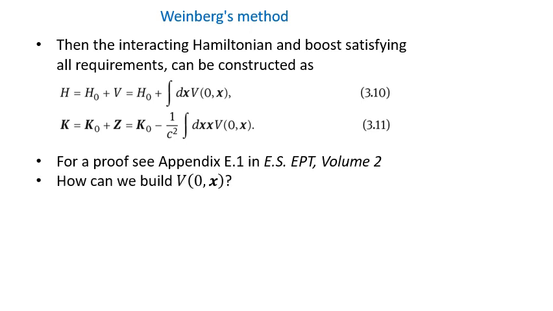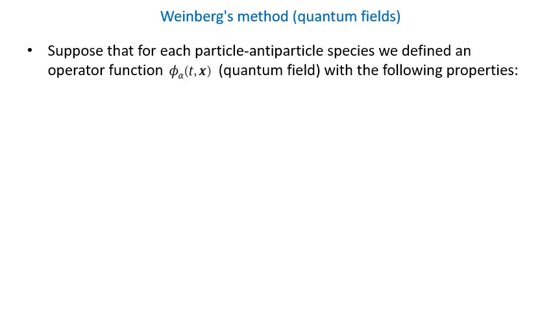The next question is how to build the operator function V with these properties. And here goes the second part of Weinberg's method, where he introduced quantum fields. Weinberg says, suppose that for each particle-antiparticle species we found a multi-component operator function which depends on the same four arguments t, x, y, and z and has the following properties.